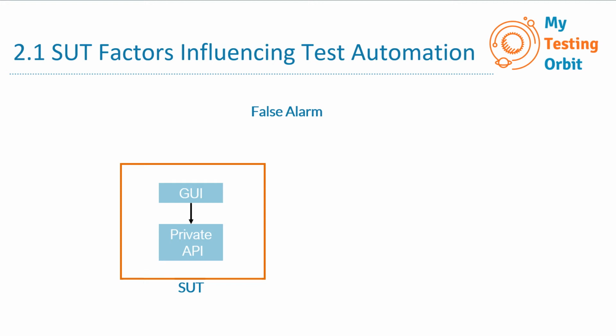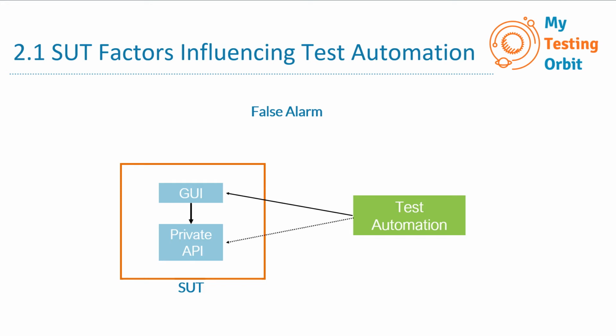Okay, so let's imagine that we have our test automation solution which will test the graphical user interface, which works perfectly fine. But there can be a scenario where, due to some reasons, we are not able to automate the graphical user interface. Then in that case we will find another route and try to automate private APIs.